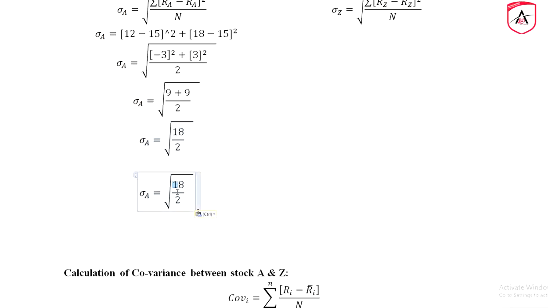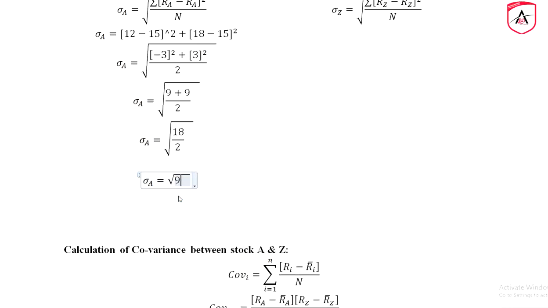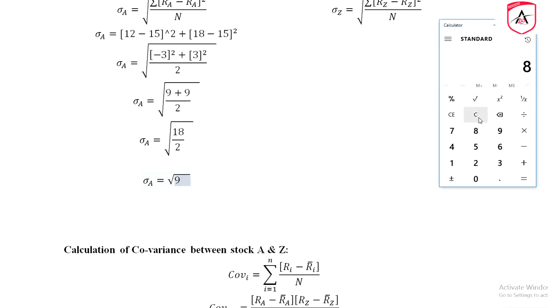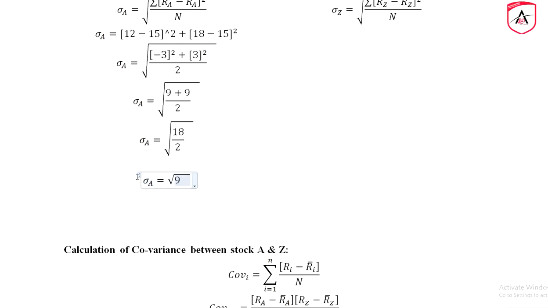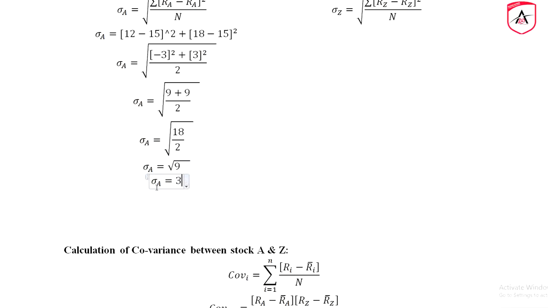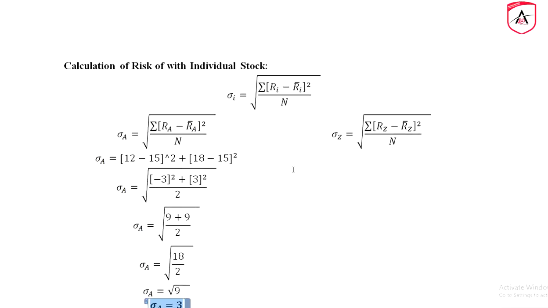Eighteen by 2 is 9, and if you take the calculator, it is root of 9 equals, it is going to be 3. The answer is 3. Standard deviation of risk is 3.